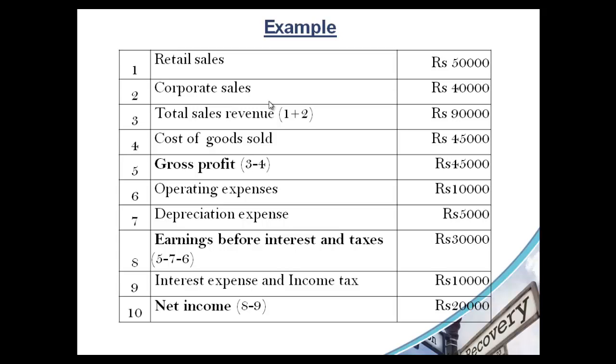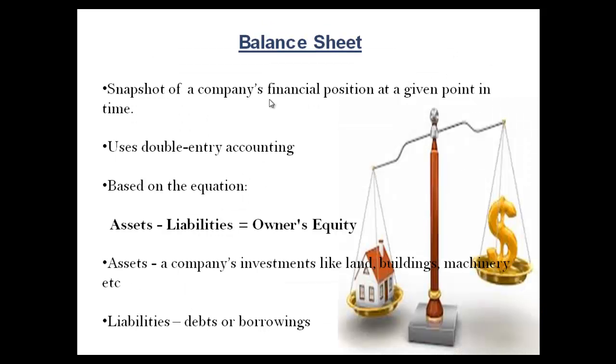Let's next look at the second type of financial statement, which is the balance sheet. The balance sheet can be said to be a snapshot of a company's financial position at a given point in time. It uses the double entry accounting system.